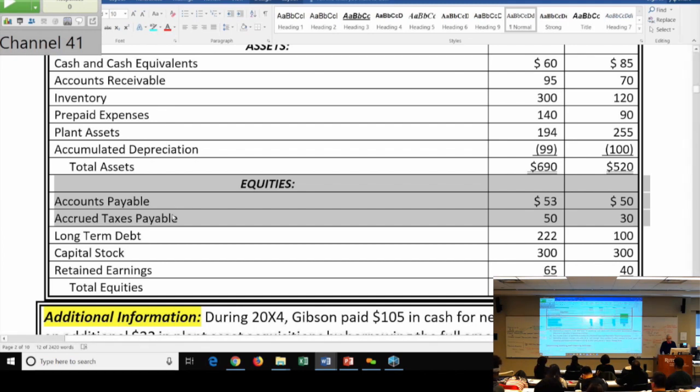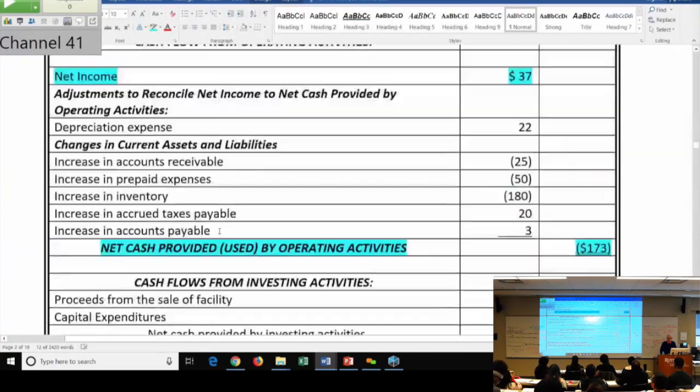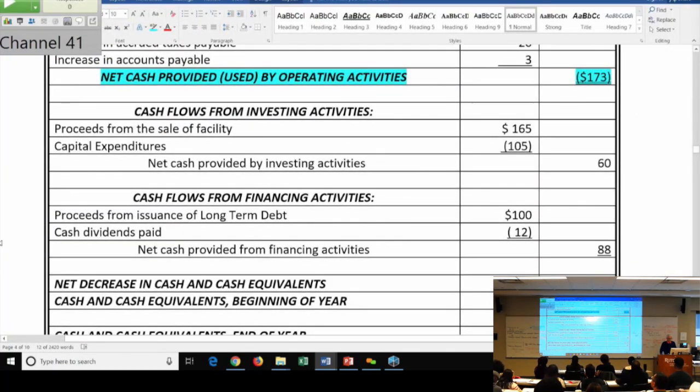Now, once I put that together, I've got cash flow from financing at 88, cash flow from investing at 60, and I used 173 in operations.